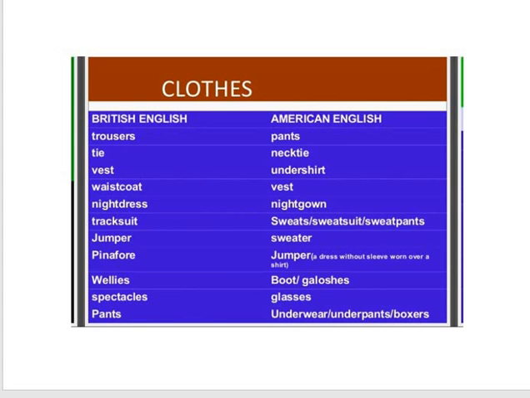Nightdress, nightgown. Tracksuit, sweats. Jumper, sweater. Pinafore, jumper, a dress without sleeves worn over a shirt. Spectacles, glasses. Pants, underwear, underpants or boxers.